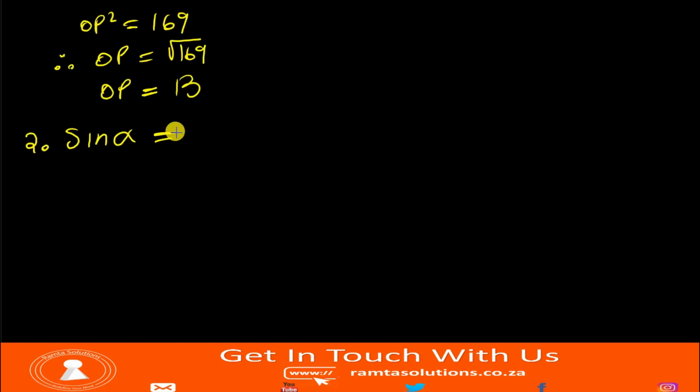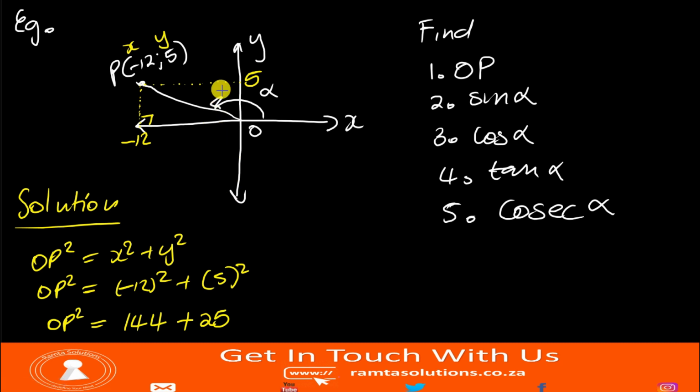We see that this is alpha here, but if you were to draw your small triangle here, your alpha is here. And what is this? This is 5. What is this? This is 12. And what is this? This is 13.